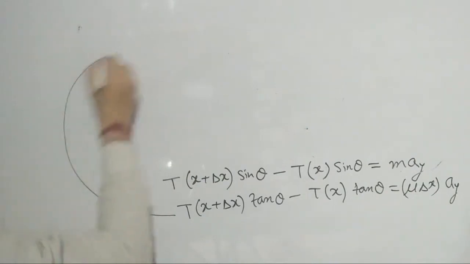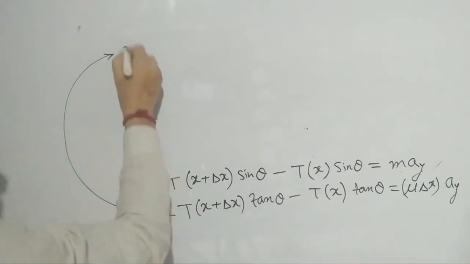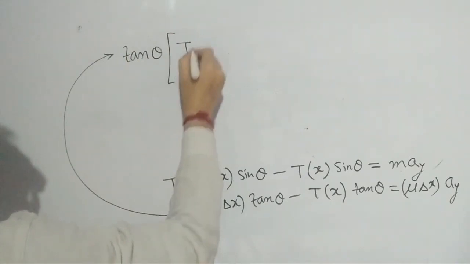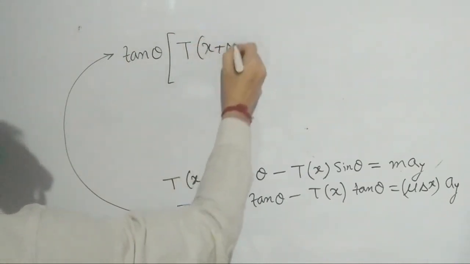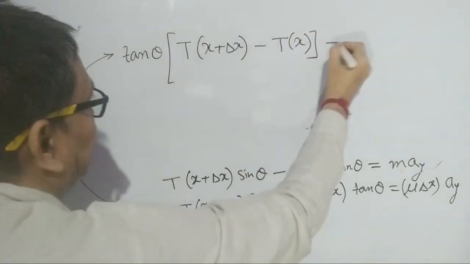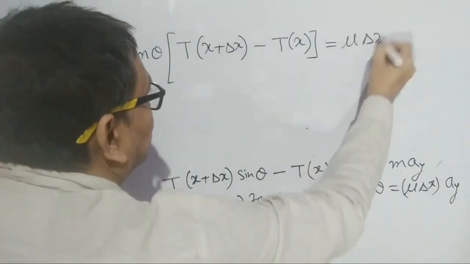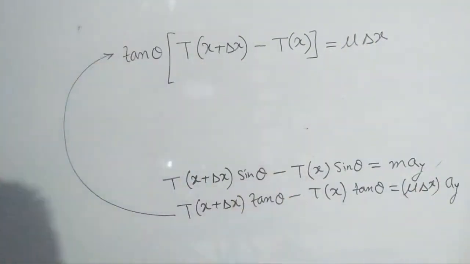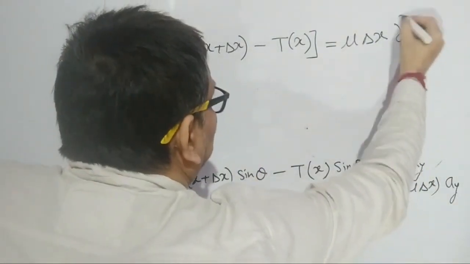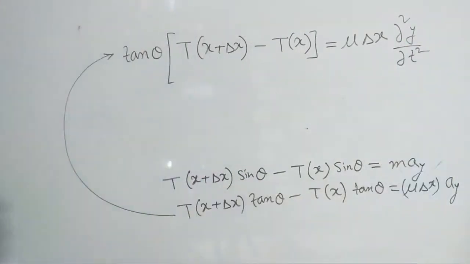If I write this equation here, we can take tan theta common. So it becomes tan theta times tension at a distance x plus delta x minus tension at a distance x, equal to mu delta x times the acceleration along y. The acceleration along y can be written as del square y by dt square.